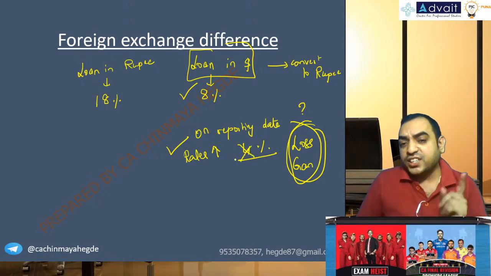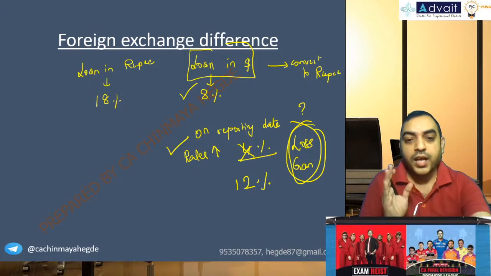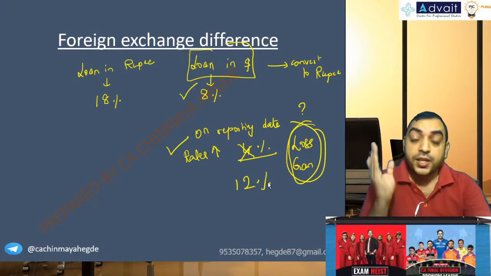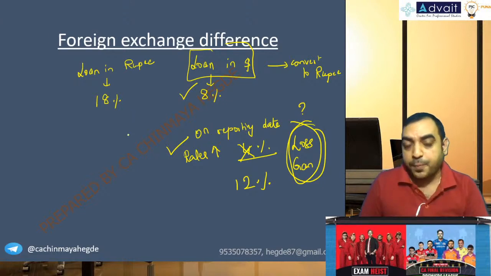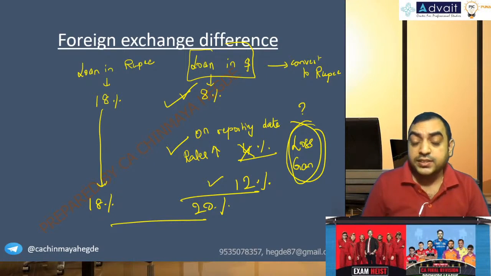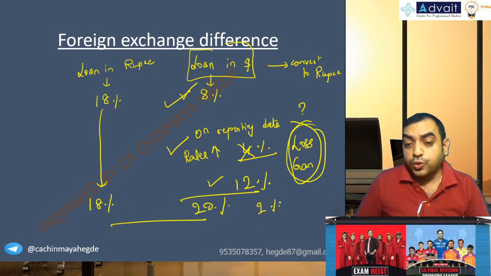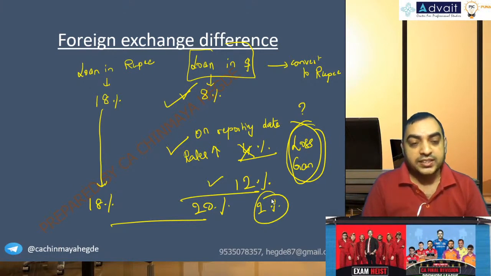Now suppose it is not a 4% premium, but let's say a 12% premium. Now, how much is attributable to borrowing? Please understand, on an approximate basis, had you taken the loan in rupee terms, you would have paid only 18%. Now 8 plus 12 would be 20%, which means you are incurring 2% extra because you are borrowing in foreign currency dollars.